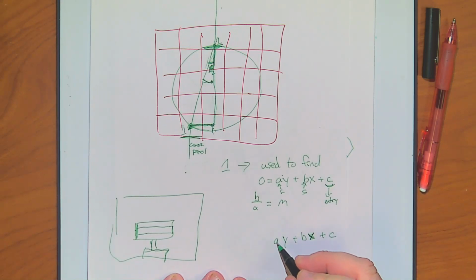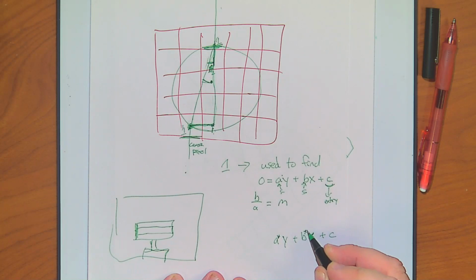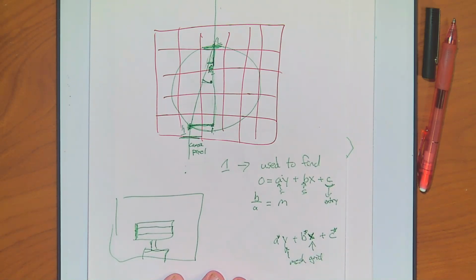You know these now, so I'll star them just so I remember we know them. And then the X and the Y are from the mesh grid. You calculate for every point. And this, instead of equaling 0 anymore, where 0 is if it's on the line, whatever this calculates now is the distance from the line.